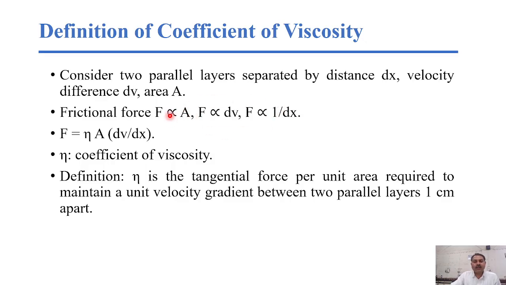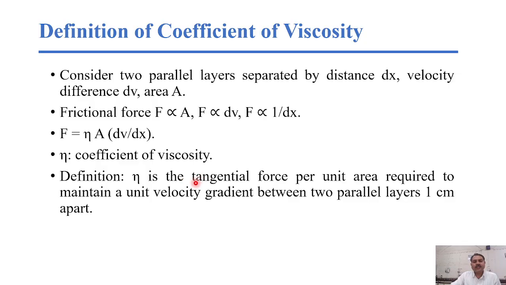So if we combine all these three parameters, area, velocity and distance between molecular layers, the equation becomes capital F equals eta into capital A into dV upon dx, where eta is called the coefficient of viscosity. So definition of viscosity is, eta is the tangential force per unit area required to maintain a unit velocity gradient between two molecular layers 1 centimeter apart.